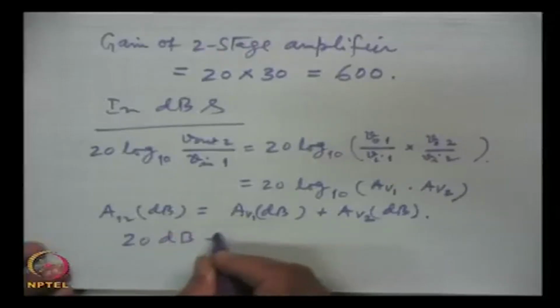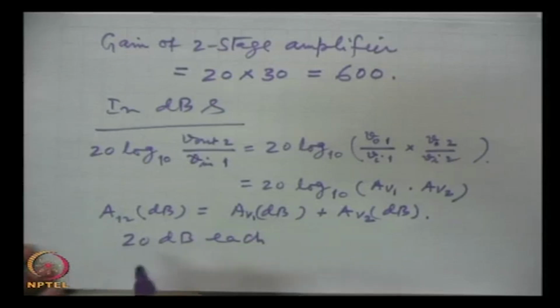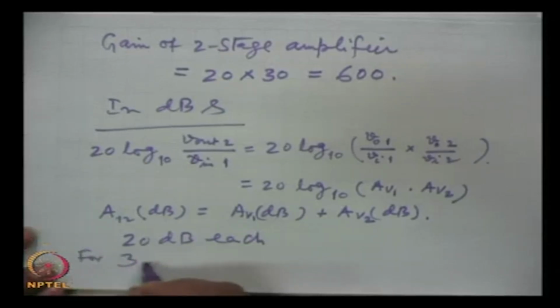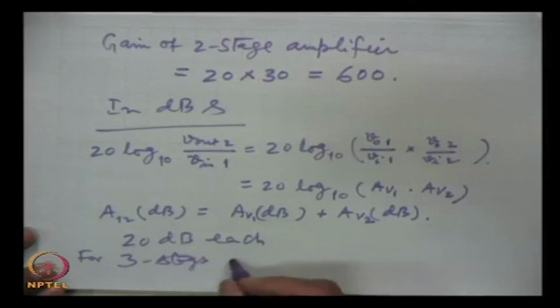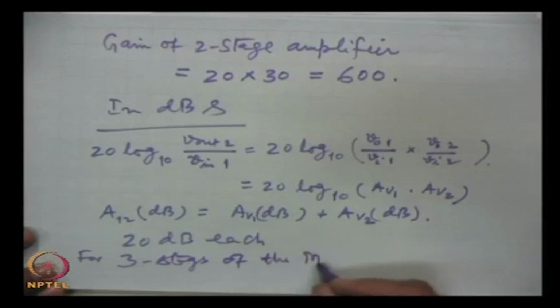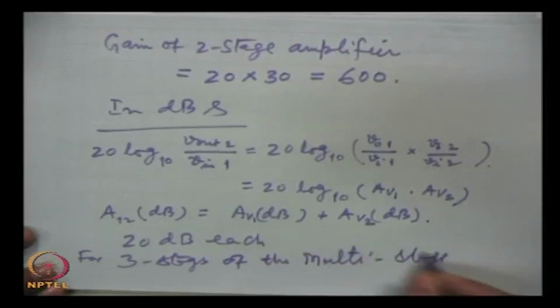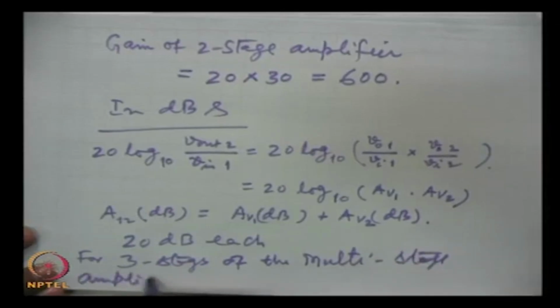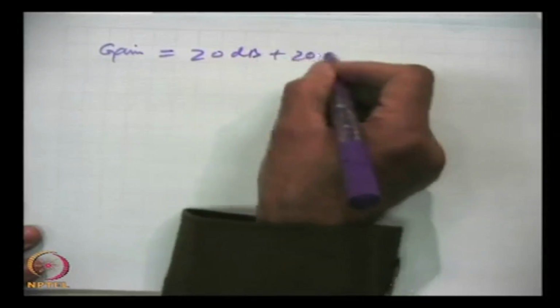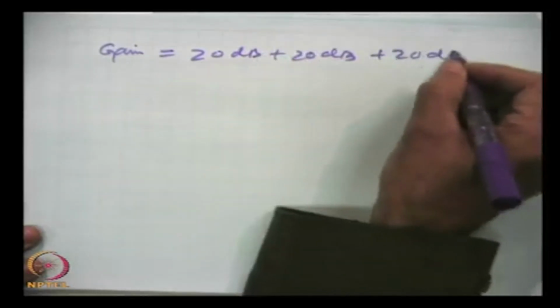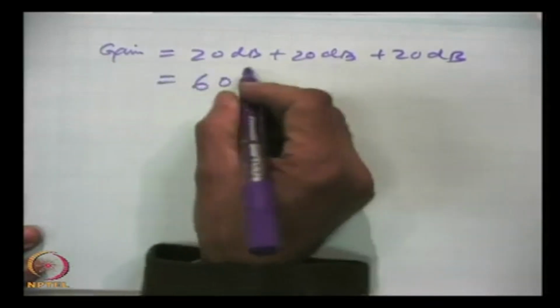So, for example, if 3 amplifiers having gain of 20 dB each, then the gain for 3 stages will be 20 dB plus 20 dB plus 20 dB. For 3 stages gain will be 60 dB.